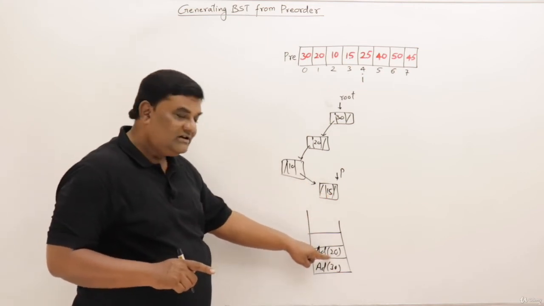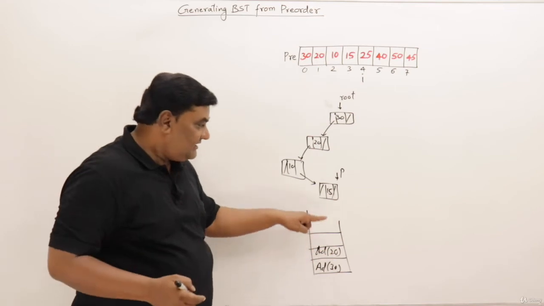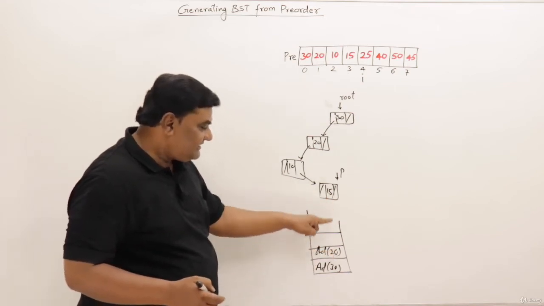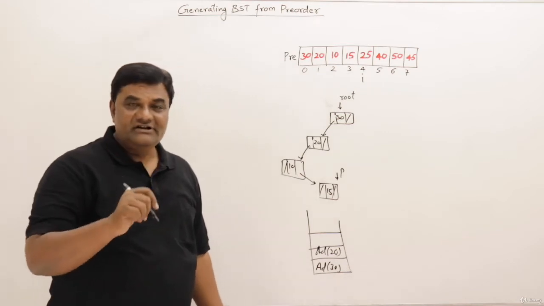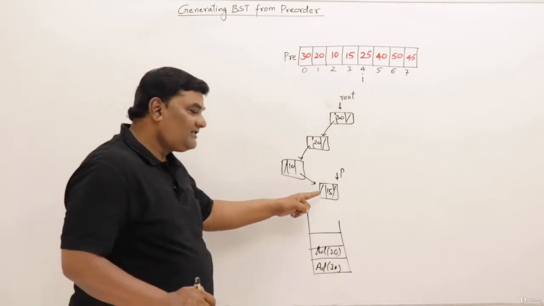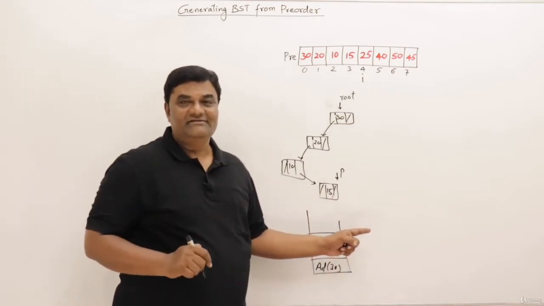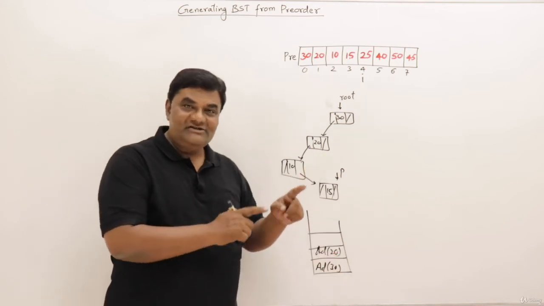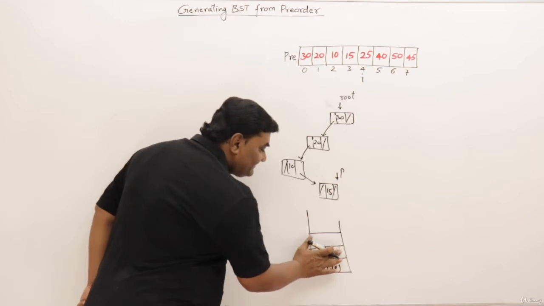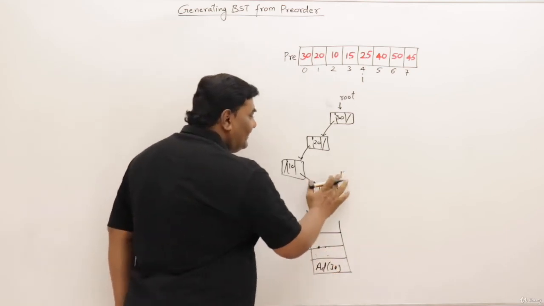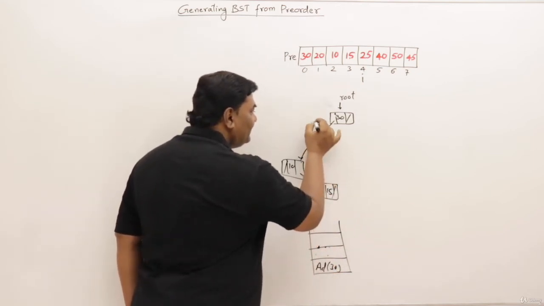So what is this node? The address is here. Just take the data: 15 and 20. Is it lying in between 15 and 20? No, that is 25, so it's not in between. So it will not come as a right child of 15. If it is within range, insert it. Otherwise, what to do? Pop out this address from the stack and move P here.